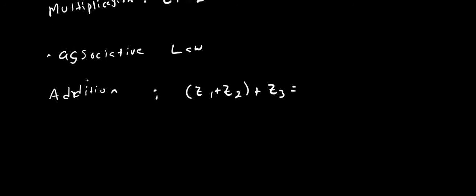Now the associative law is for addition. It says that (z1 plus z2) plus z3 is equal to z1 plus (z2 plus z3).